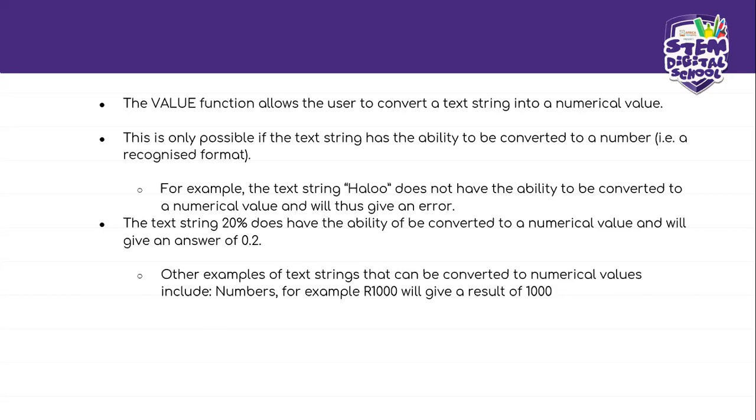So the first one was "hello". We can't change this into a numerical value, therefore we can't use the value function to convert it. But with the second example, the text string 20%, can you see it's 20%?